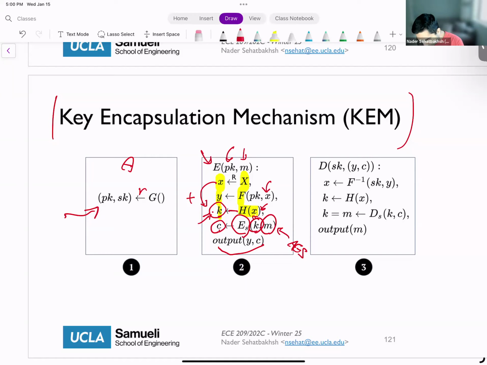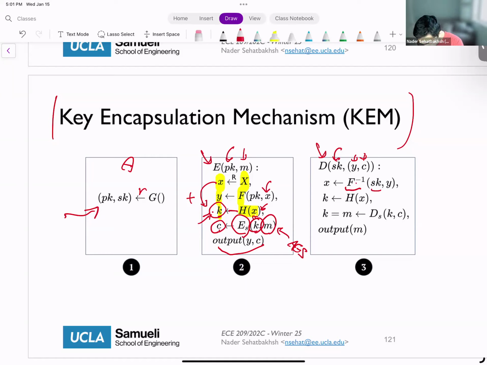How does my decryption look like? As you can see, decryption has the secret key and Y and C as the input. Two things I'm going to do. I'm going to compute the inverse function of f using SK. And remember, the only person who can do this is the person who has access to SK.